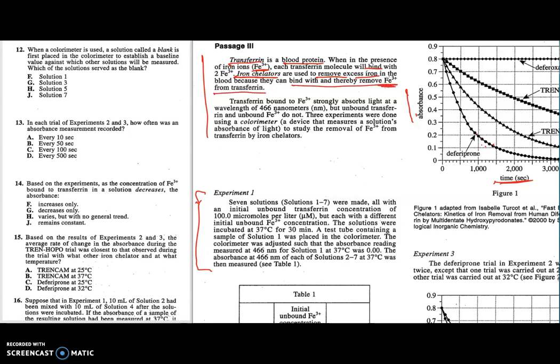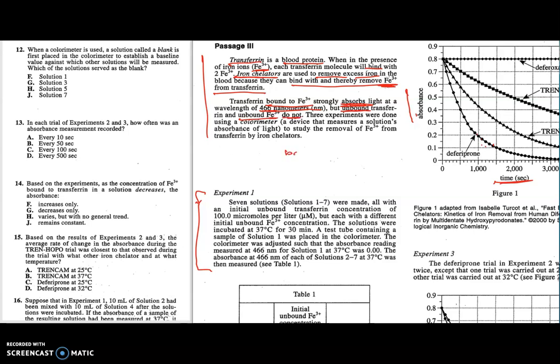Okay, so they remove iron from transferrin, the blood protein. Transferrin bound to the Fe3+ strongly absorbs light. So bound absorbs at a wavelength of 466 nanometers, but unbound transferrin and unbound Fe3+ do not.